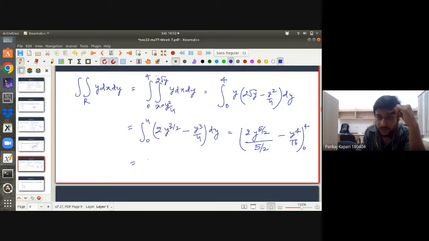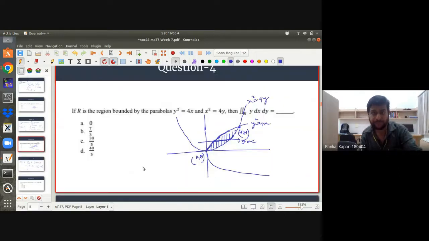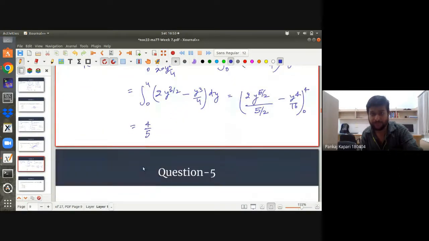So it is 4 by 5, 2 to the power 5 by 5, minus 4 to the power 4 over 16.